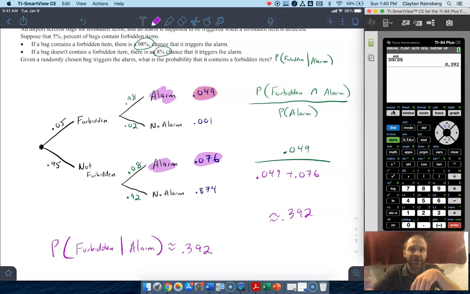It was the same situation with the drug testing. 1% for either a false positive or false negative sounds low, but when you put it into the probabilities with the conditions, you start to see the true probability outcomes over certain events. So this is a very interesting concept with the tree diagrams. Hopefully this helps you. The main idea is to understand how conditional probability works in a tree diagram.